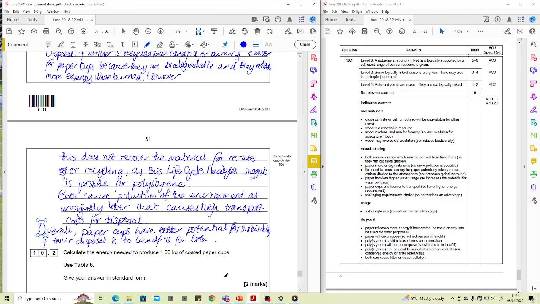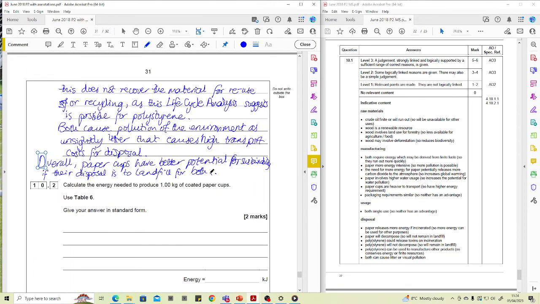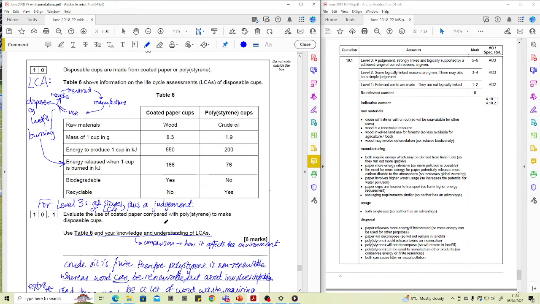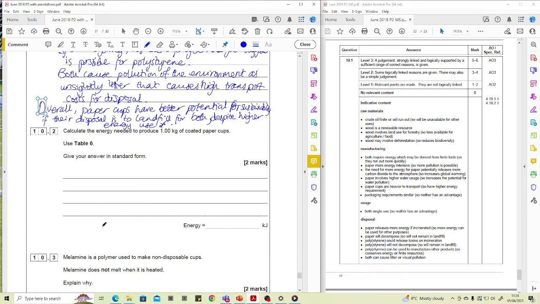I would say that's a reasonable justification, but you could justify it a little bit more and just summarise your things. So you could say, despite higher energy use. Okay, or you could justify it the other way around by saying higher energy use but overrides disposal, your choice.